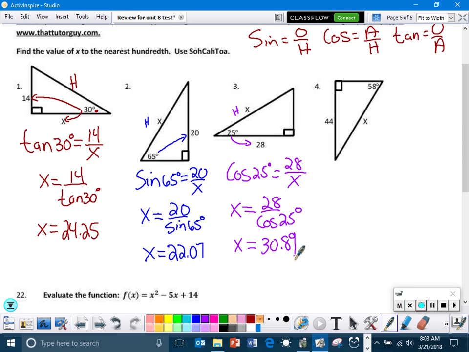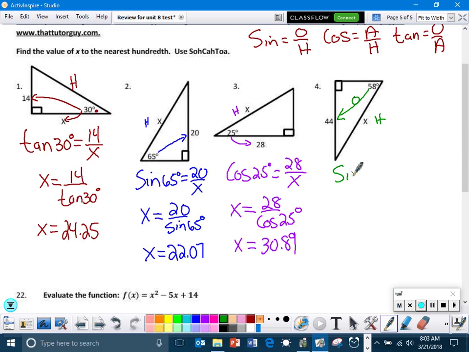Again, don't forget there's a calculator to practice with on the website, linked to Moodle, if you do not have your own calculator. All right, number 4. Again, this is the hypotenuse. This is opposite. So that would be sine again.